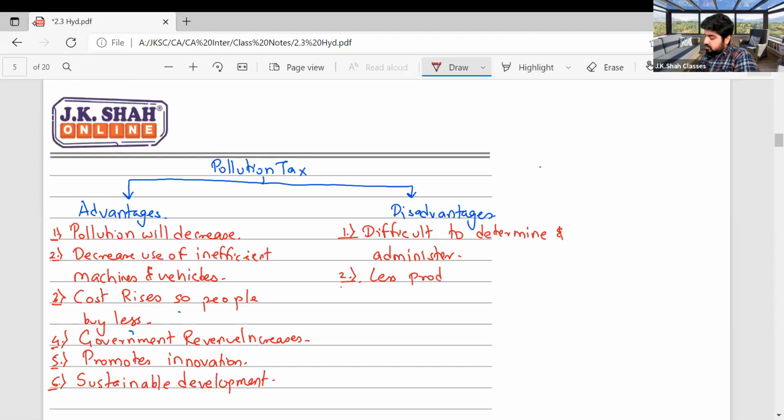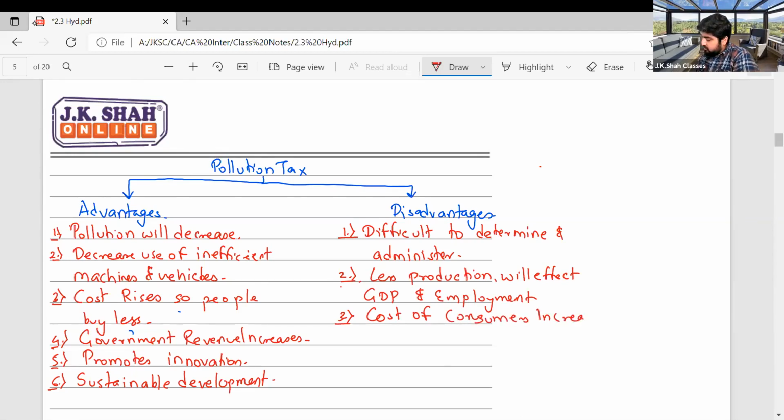Less production will affect GDP and employment. Very good point. Cost of consumers increase because the sellers will pass on this tax to the customers.